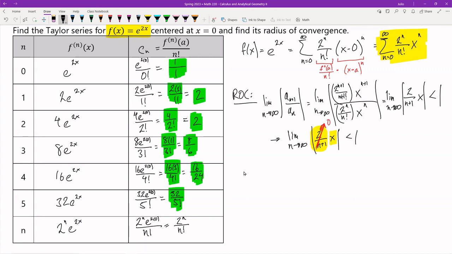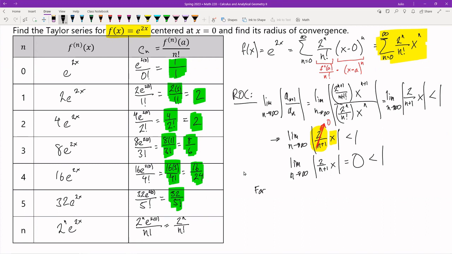So that means that the limit as n goes to infinity of the absolute value of 2 over n plus 1 times x is going to be equal to 0, which is always less than 1.